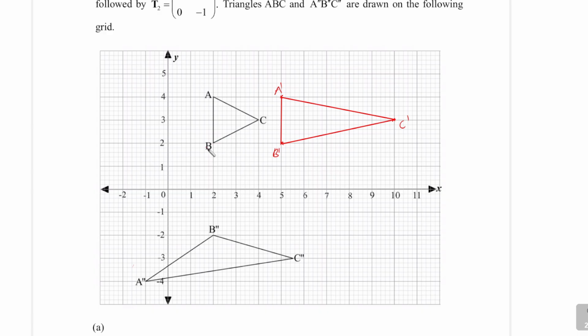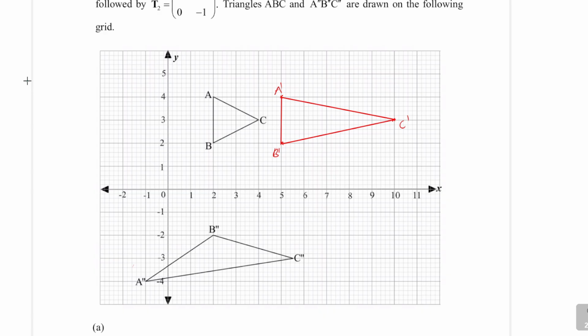Another reason this one will not be an enlargement: look at the scale factor. For an enlargement, there is always a scale factor, and that is a very strong point to disqualify this.